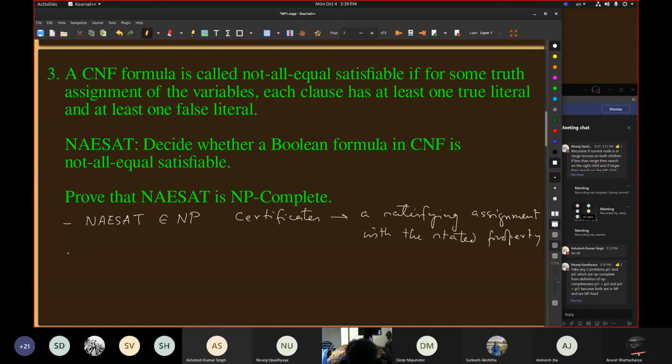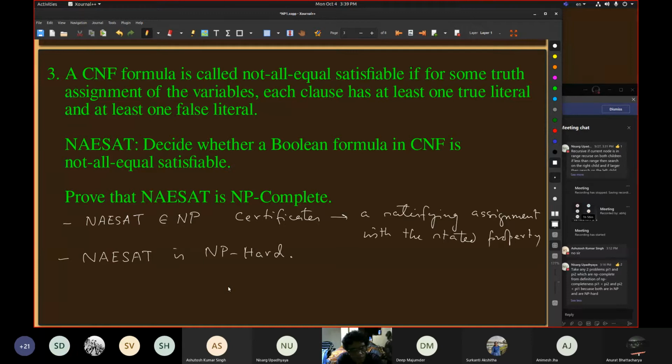Okay. Then you have to show that this is NP hard. So what is the natural problem from which I will reduce? CNF SAT, right?